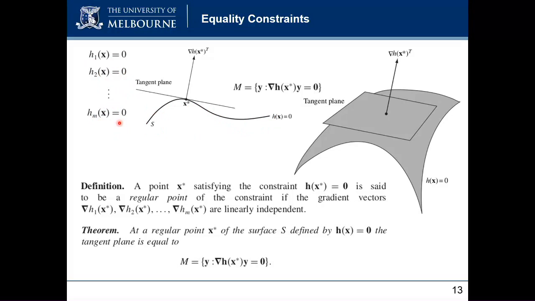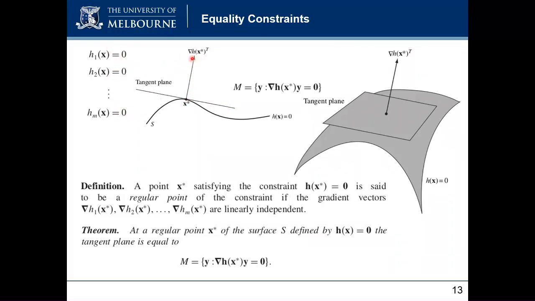Good. So let's say I have a point x star, any point. I can actually draw a tangent plane to this x star. How do I do that? I can use the gradient of the constraints, not the gradient of the objective.